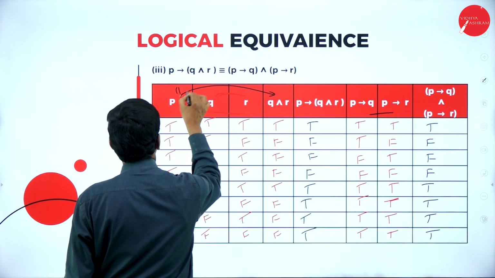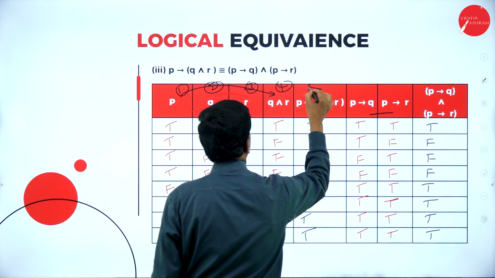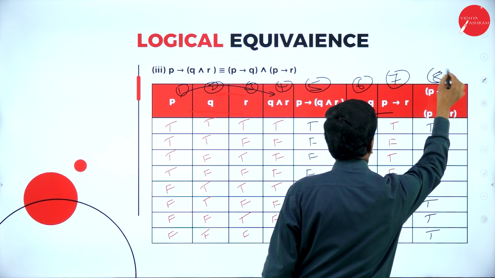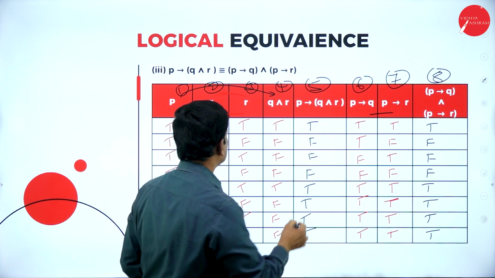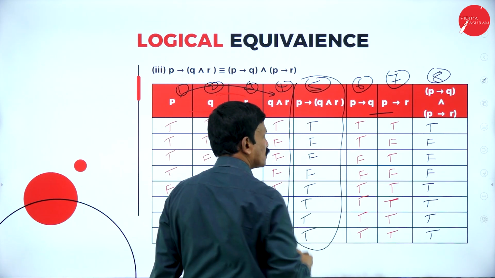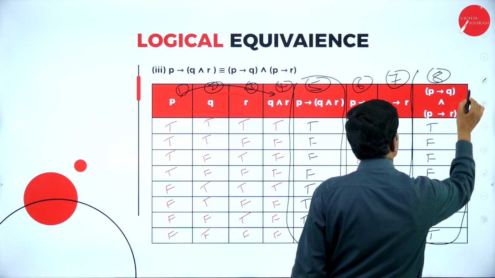Here this is the first column, second, third, fourth, fifth, sixth, seventh and eighth. So observe carefully: P conditional to Q conjunction R is the fifth column, and the other truth value is in the eighth column. Verify whether they are equal or not.